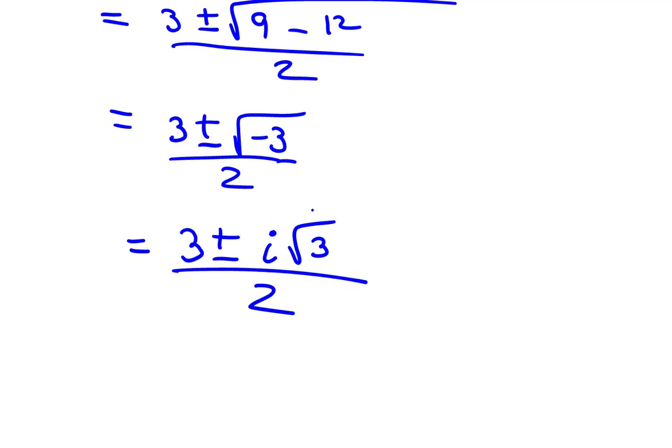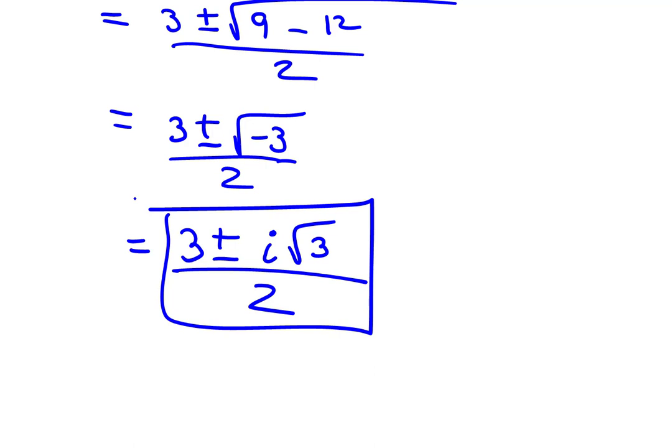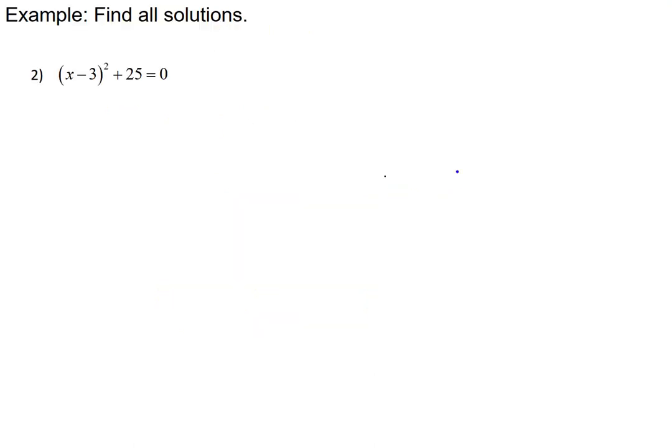So we can just leave it as is, but notice this is what we would call an imaginary or complex solution to this quadratic equation. It would not be considered a real solution, but if we're asked for all solutions, then of course these would count.